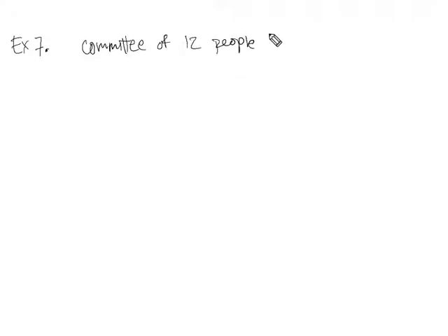There's a total of 12 people in this committee. And they decide to select from their committee members a 3-person subcommittee. What are all the different combinations that we could have for a subcommittee?